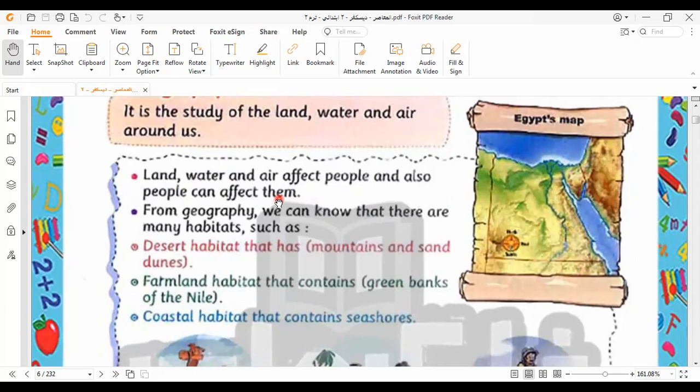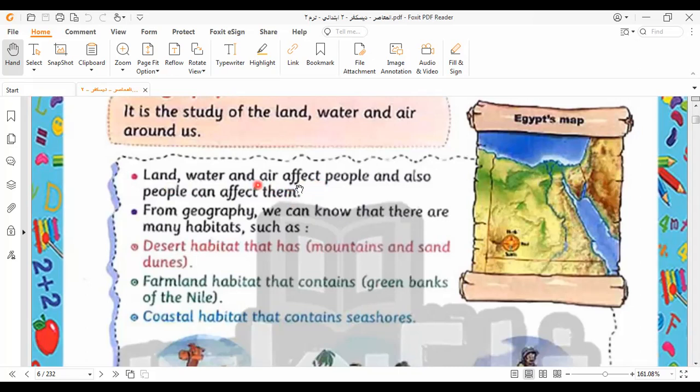Because if the weather is cold, they wear heavy clothes. If the weather is hot, they wear light clothes. So the environment or the habitat affects the people.